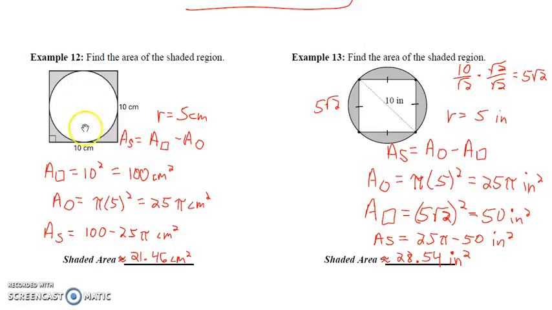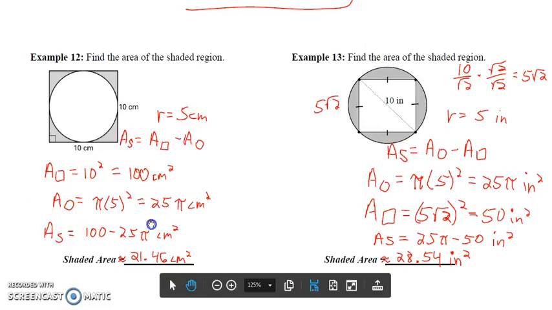And that line segment right there is called the diameter of the circle. So if the diameter is 10, the radius is 5, which I wrote right here, 5 centimeters. So what's the area of the circle? Pi times 5 squared. Well, that's 25 pi. So what's the area of the shaded region? It's going to be 100 minus 25 pi. So I could type this right into my calculator, hit enter, and I'll get this decimal.